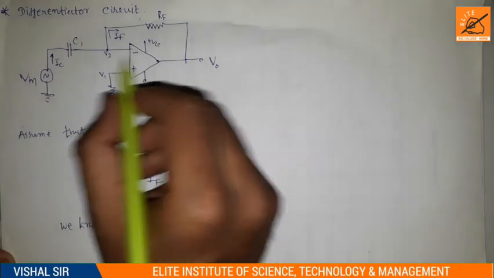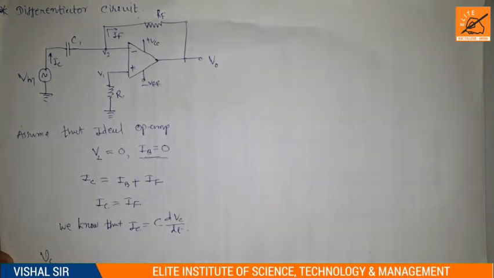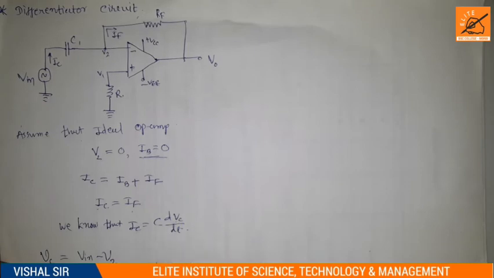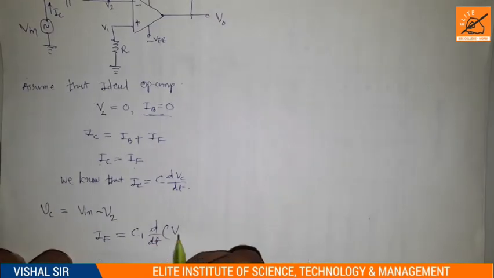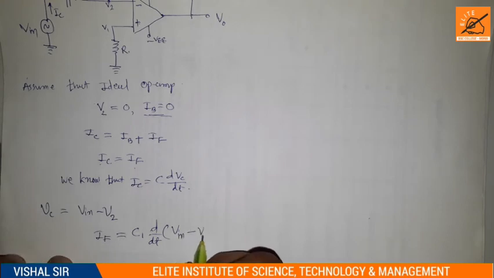Now the voltage across C1 is given by Vc is equal to Vin minus V2, and substituting into the above equation, since IC is equal to IF, we can write IF is equal to C1 into d by dt of Vin minus V2.